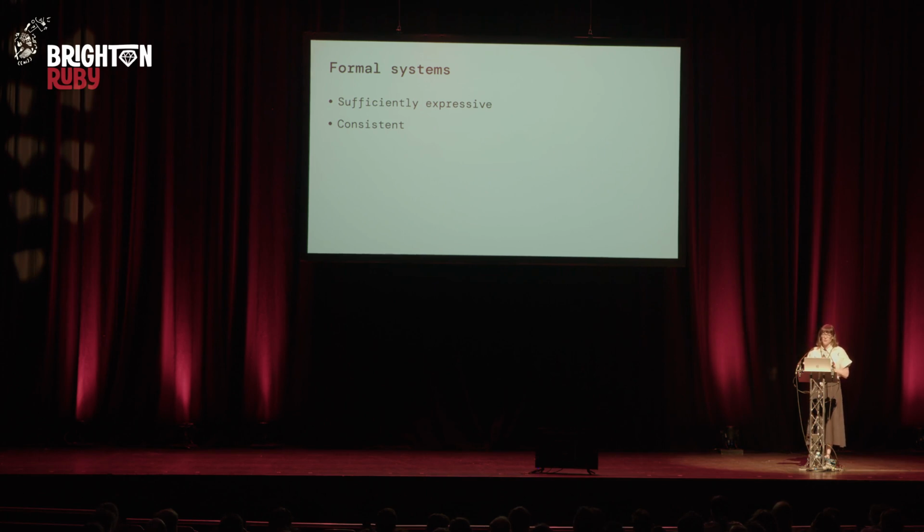Another vital property we want our mathematical system to have is consistency. A system is consistent if it's impossible to prove a statement and its opposite. If we could prove both x is true and x is false, then our system could prove anything, even falsehoods. So all our proofs would be untrustworthy.